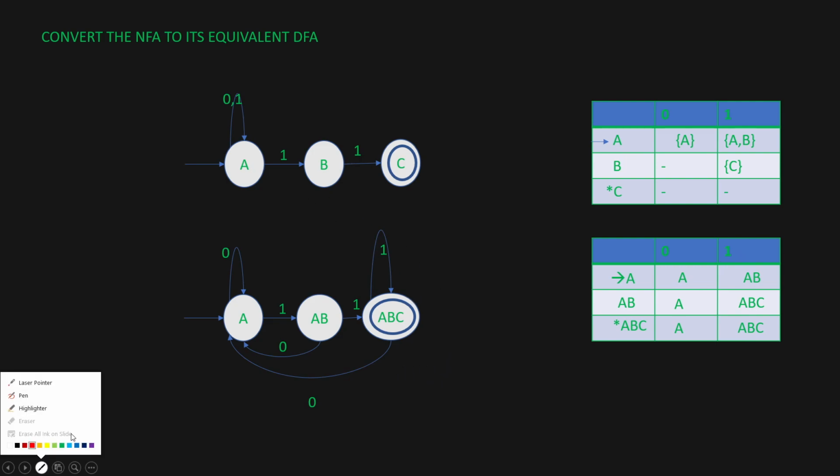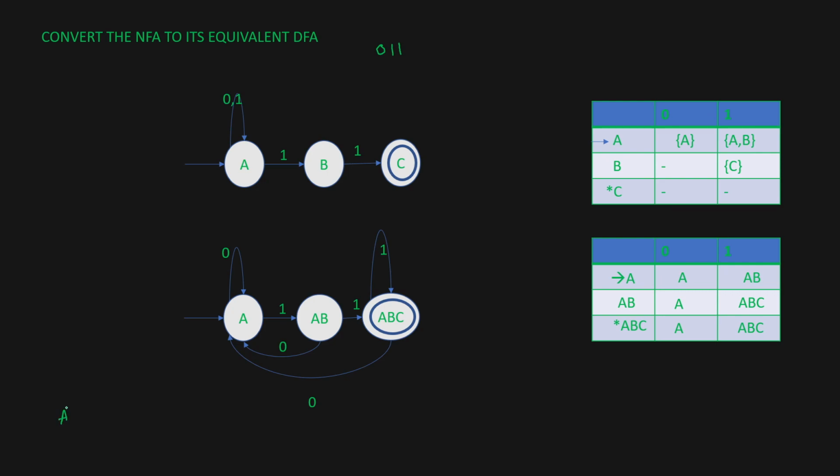Now we'll try to pass some strings through this NFA and see if the strings are accepted or rejected by the equivalent NFA and DFA. Let's say the string is 0, 1, 1. Let's test it out for the NFA.